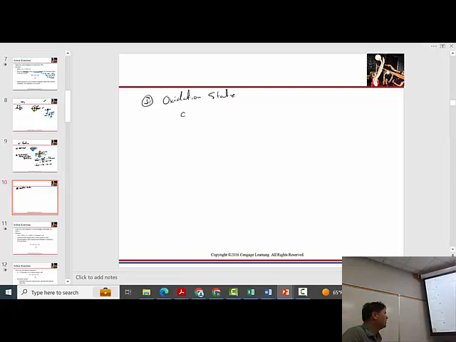Oxidation state is the charge assuming the bonds are 100% ionic. In other words, winner take all. Who's the winner? The winner is the more electronegative species.